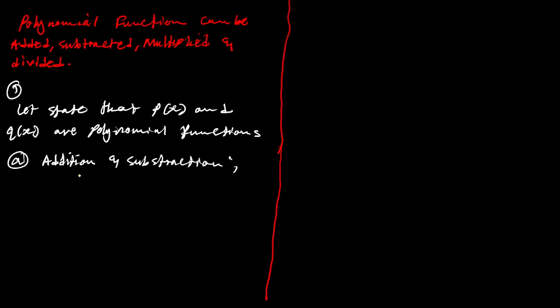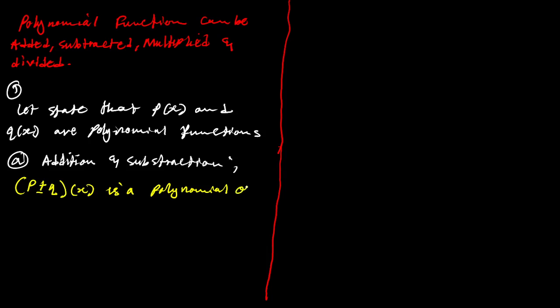So since we are saying addition, what we can say is that P plus or minus Q of X is a polynomial of degree less than or equal to the maximum of the degrees.